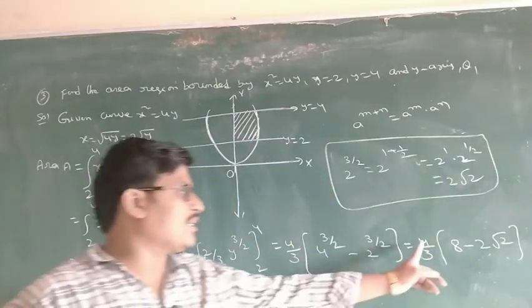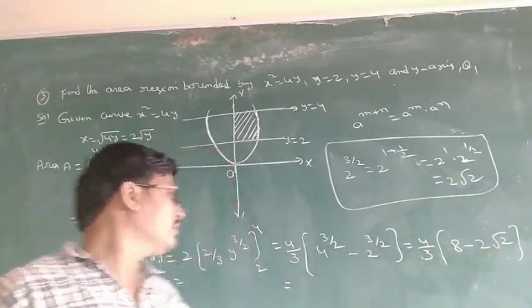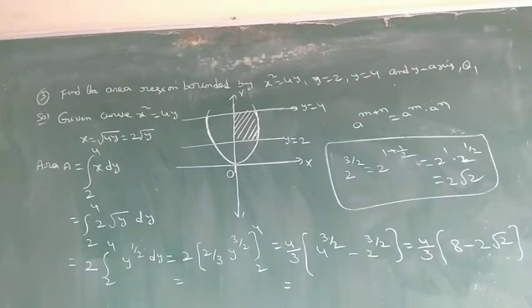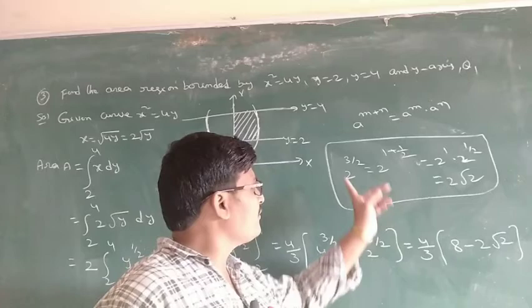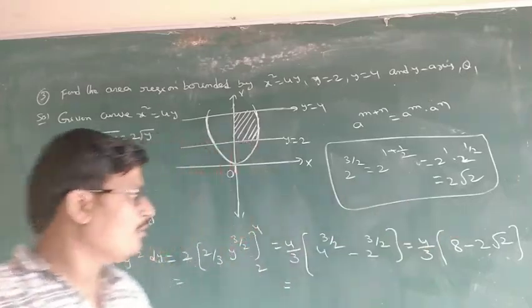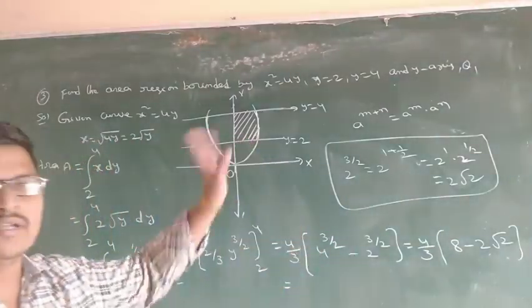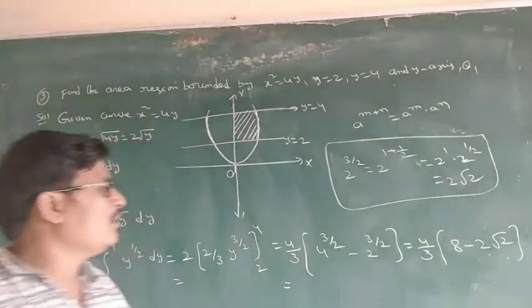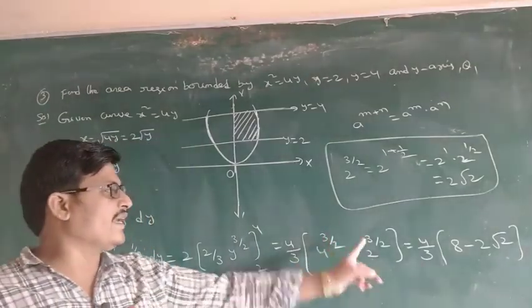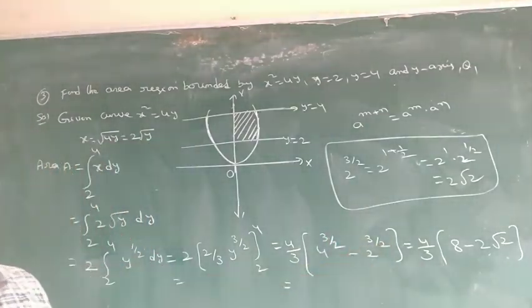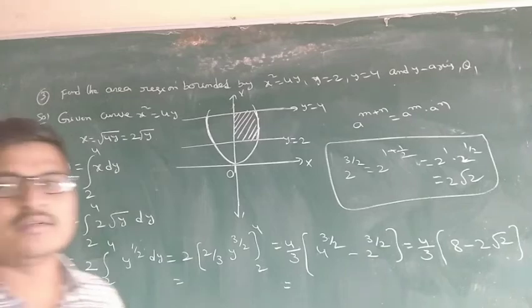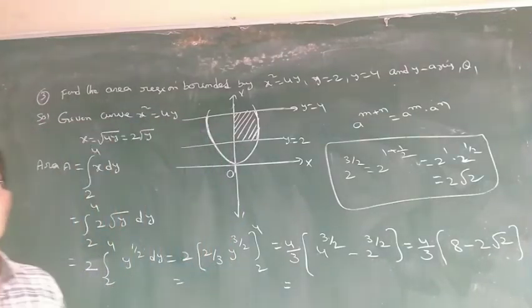So 4 power 3 by 2 is already explained: 2 square whole power 3 by 2, the 2s cancel, 8. So 8 minus 2 root 2. This is the second type of parabola problem, x dy. We have to observe the difference.